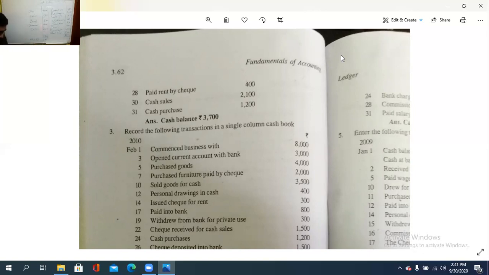So, this is the case with regard to what? This cash, or simple column cash book, or single column cash book, or a simple cash book. Clear? Then we need to go for further entries.